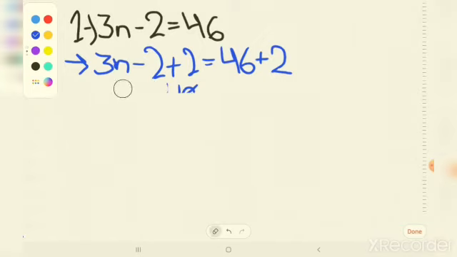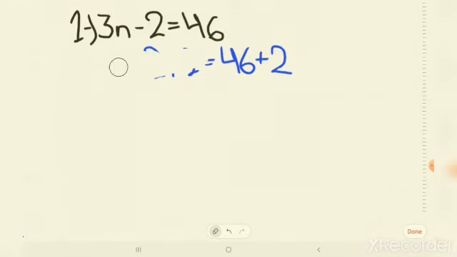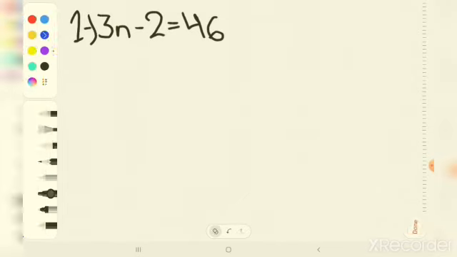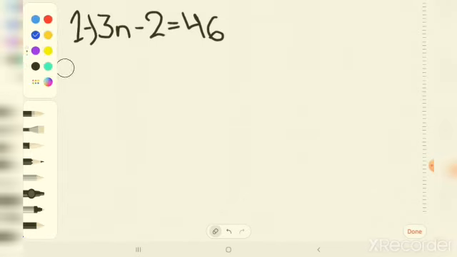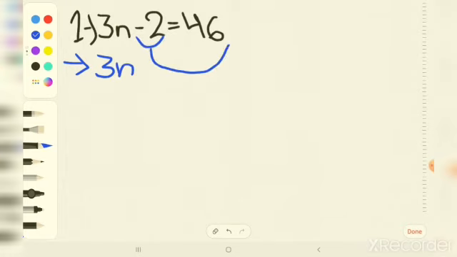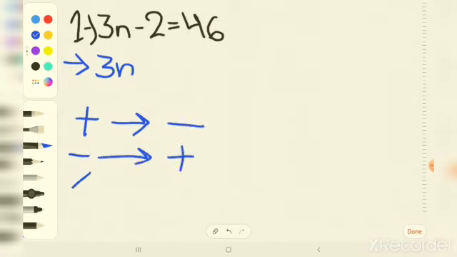Now as we know the answer, let's check the answer by using the transpose method. For the transpose method, the first step is 3n. Now in the transpose method, the minus 2 will come here and become plus 2. Because in the transpose method, plus becomes minus, minus becomes plus, multiplication becomes division, and division becomes multiplication.